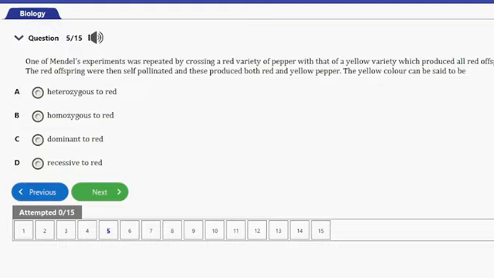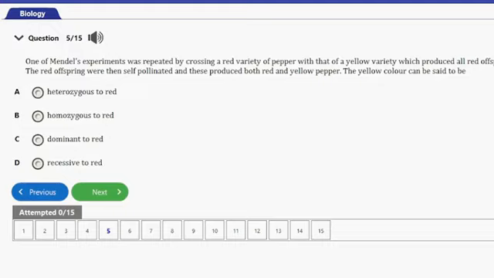The yellow color can be said to be A, heterozygous to red, B, homozygous to red, C, dominant to red, D, recessive to red. The answer to this question is recessive. That's option D here, recessive.